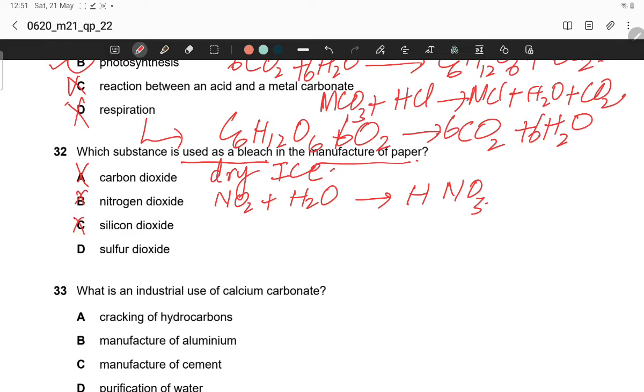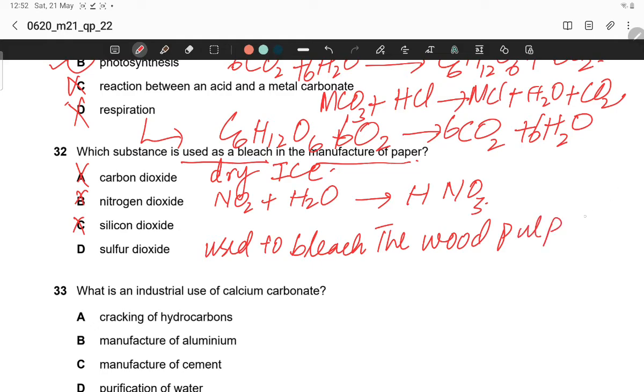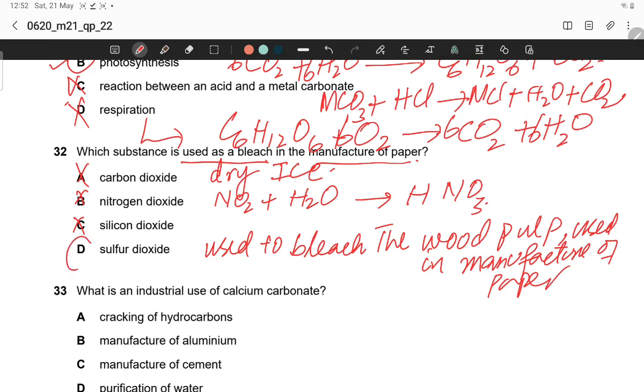Sulfur dioxide is used as a bleach in the manufacturing, used to bleach the wood pulp, which is used in making paper. So D option is correct.